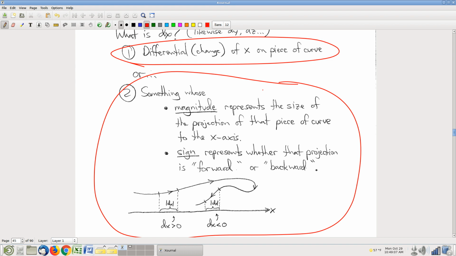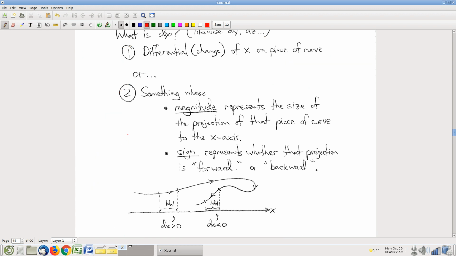This is what you're probably much more comfortable with, I assume, but this one is going to be useful later on. So I want you to start trying to absorb this alternative point of view on dx.